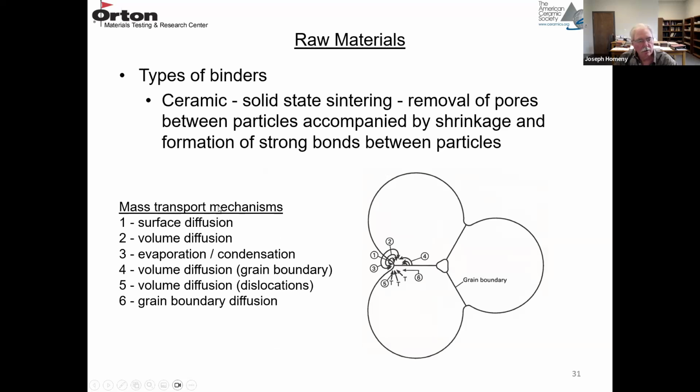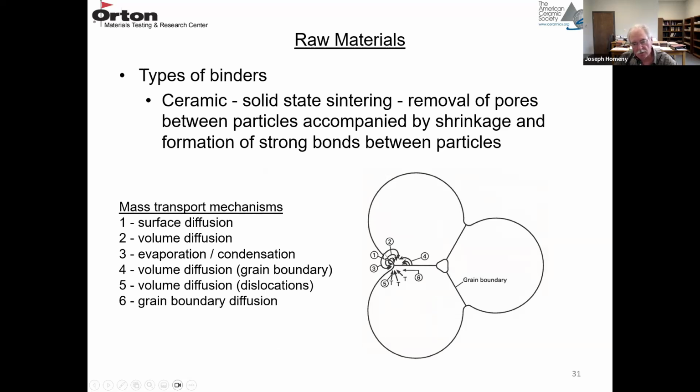So there are various mass transport mechanisms. Material has to move to these neck regions. There are 6 different ones outlined here. One is surface diffusion. Material is simply diffusing along the surface of these particles. There are actually 3 particles here, and they have grain boundaries.